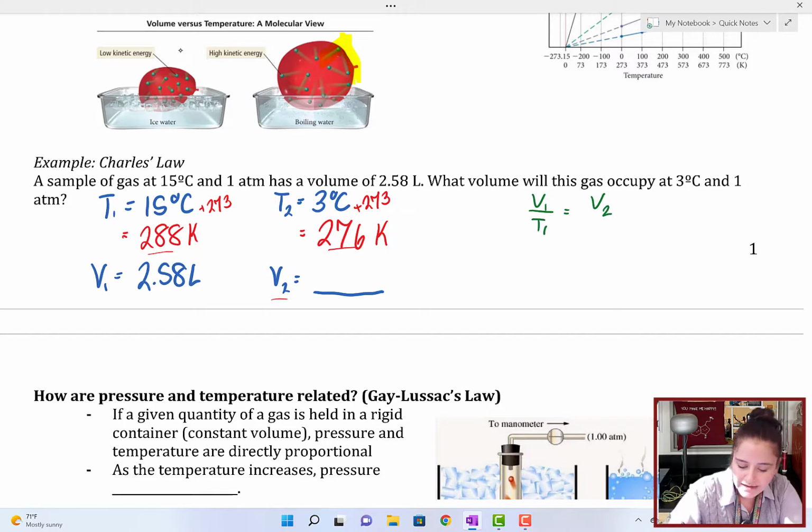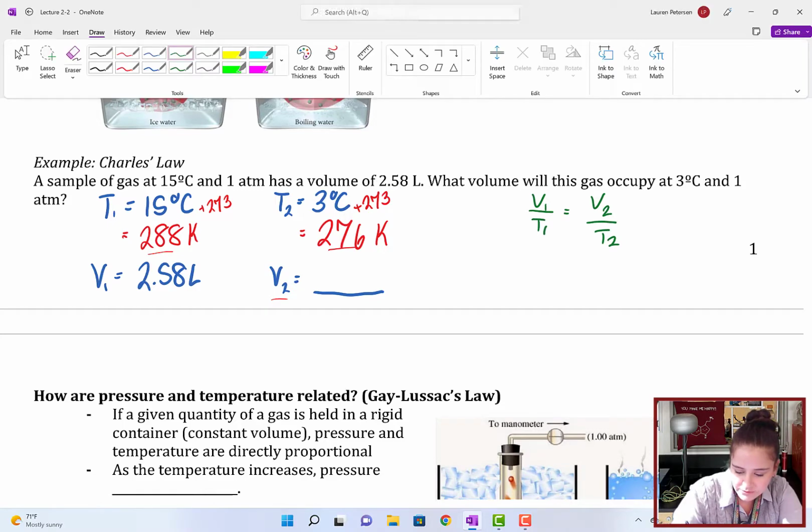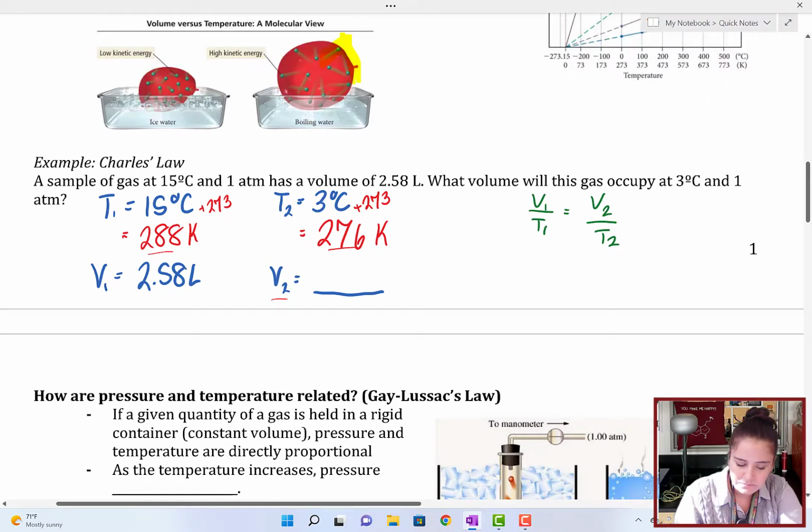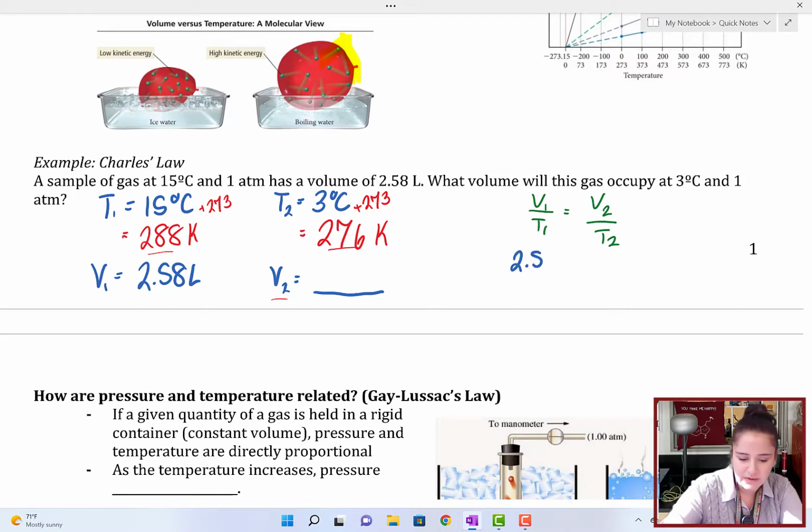Okay, we would have, for this one, a direct relationship. So it's V1 over T1 equals V2 over T2. Okay, this time I'll just plug in and then solve. Either way works. Whatever you are most comfortable with, do it that way.